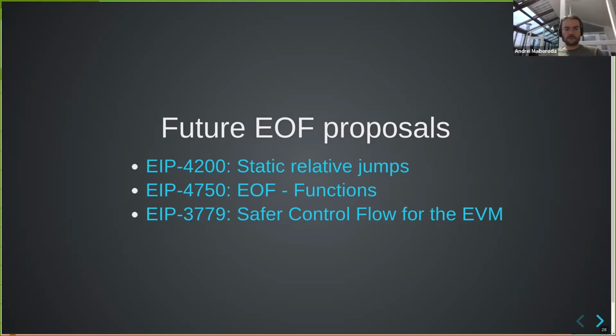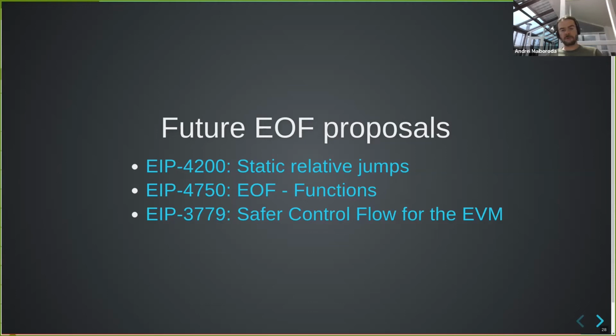As I mentioned, we have other proposals which are using 3540 and 3670 as a base and build on top of it. One of them is EIP-4200, static relative jumps. These are new instructions for jumps, basically, that have their destination statically known.